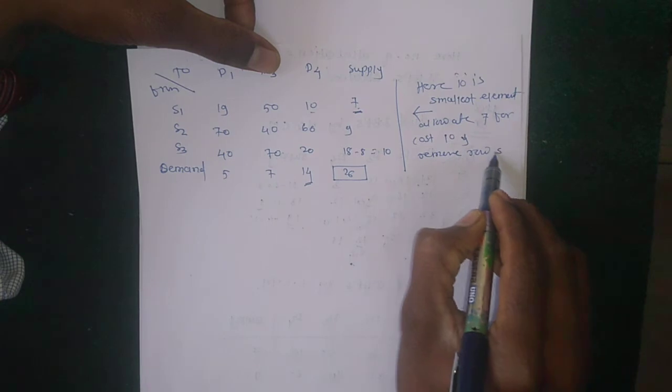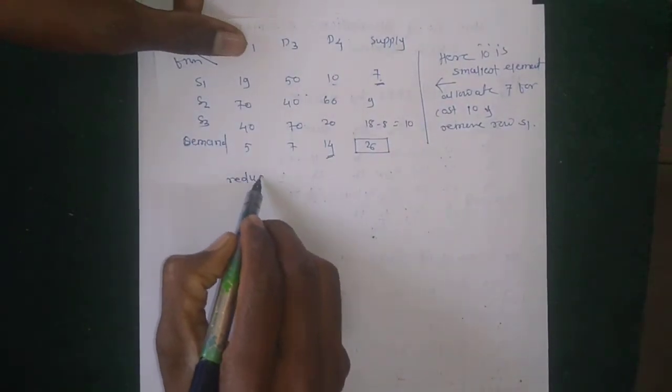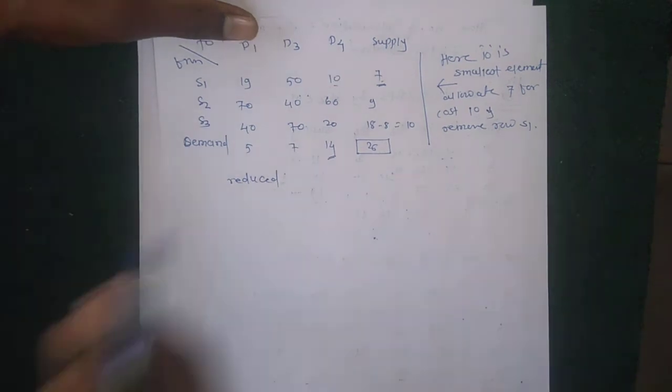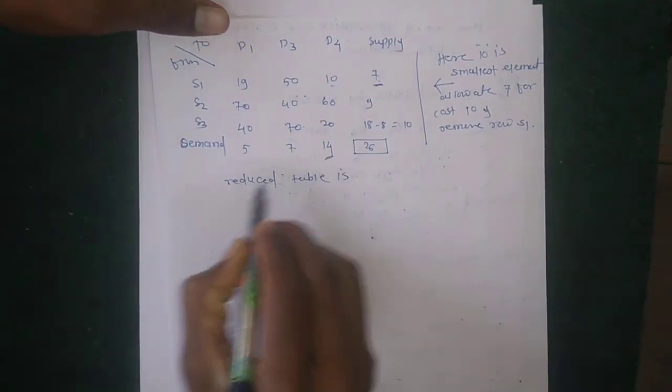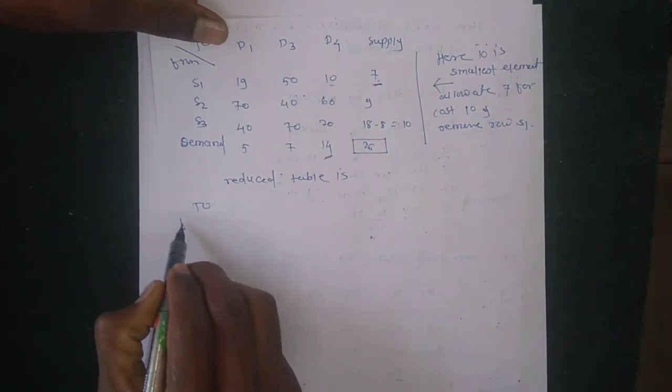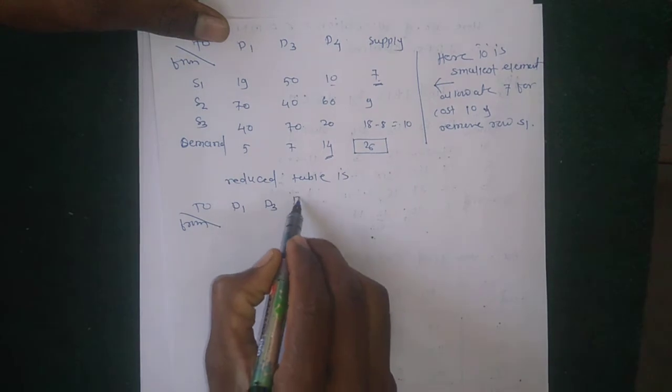and remove row S1, removing row S1. So the reduced table is D1, D3, D4.